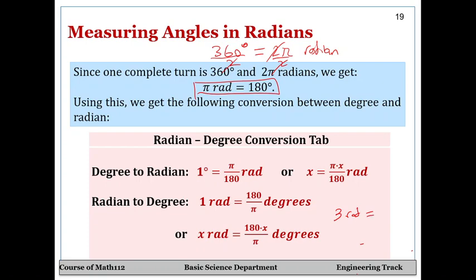How many degrees is that? It's asking this, so you can say 3 radians is equal to, using this formula here, 180 times 3 over pi, so 540 over pi degrees. We can use this one.